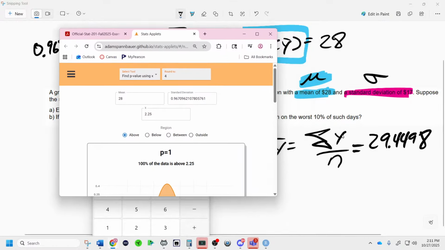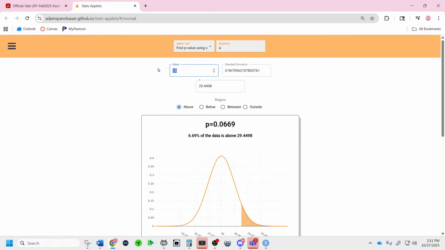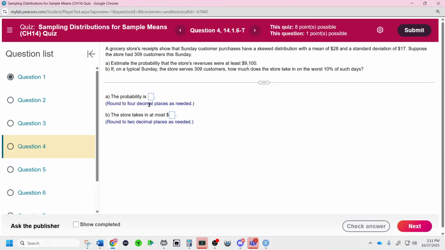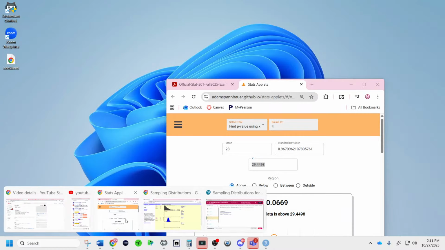Then we plug in the observation, and we go above 29.4498. And there it is. There's the drawing right there. We found a mean of 28, a standard deviation of 0.9671, and the observation of what we needed to make was this. You can also use the applet to round your answers to 4 decimals. Are there any questions?